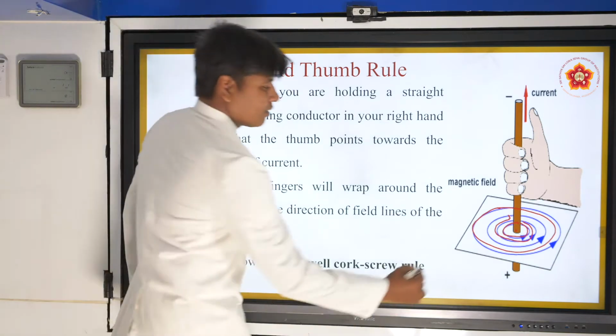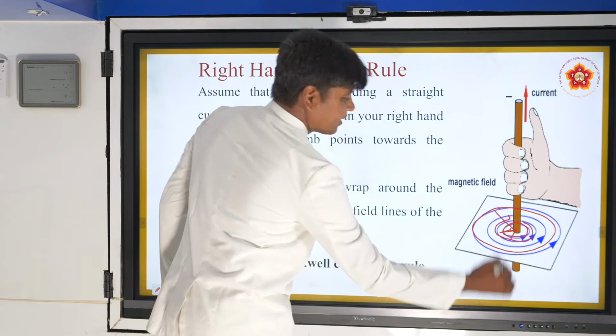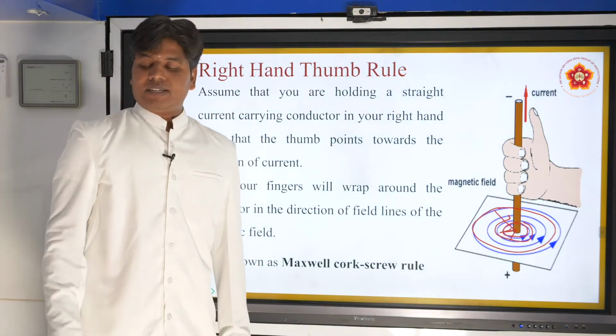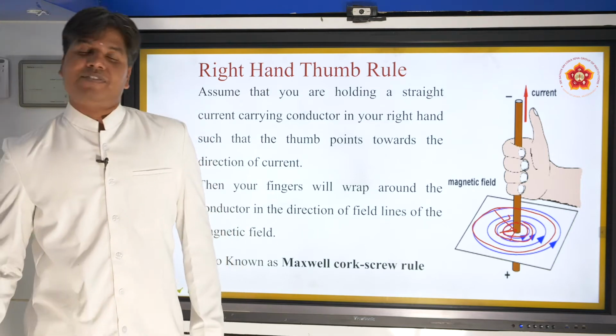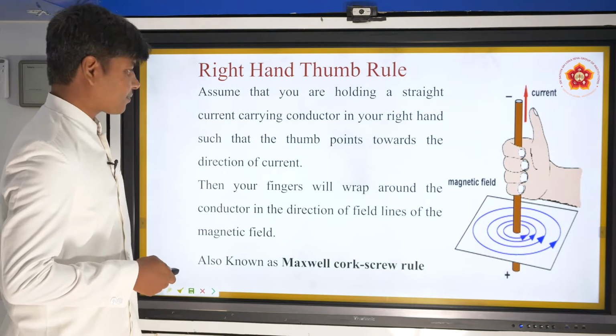This is the first circle radius, this is the second circle radius, this is the third circle radius. Now let us study the magnetic field lines of a different curvature. What is that? Let us see.